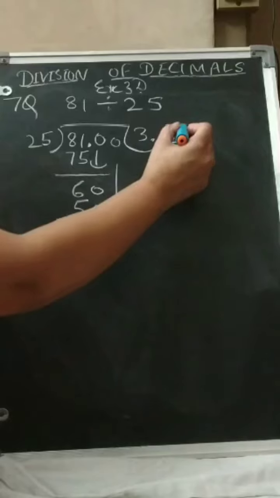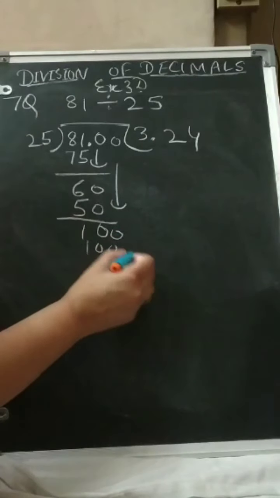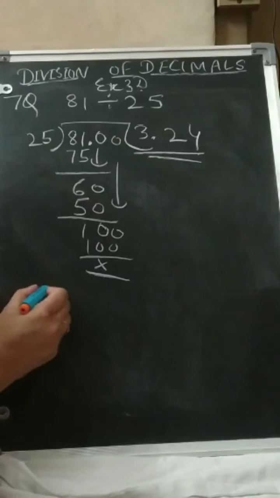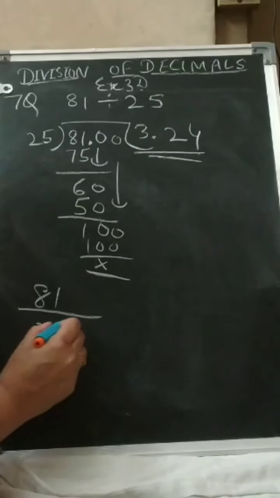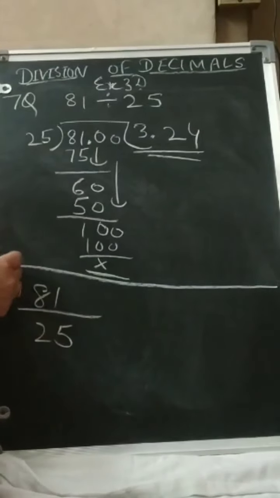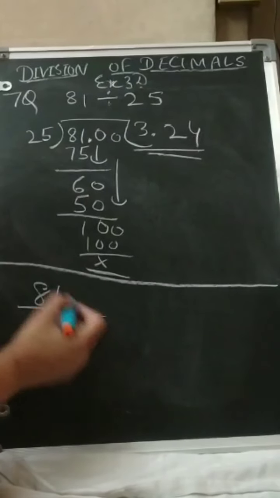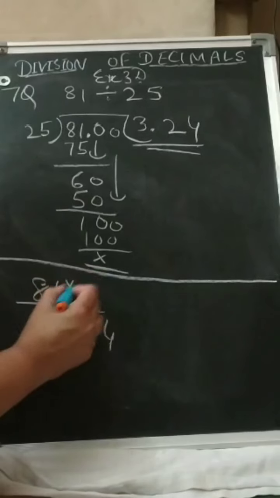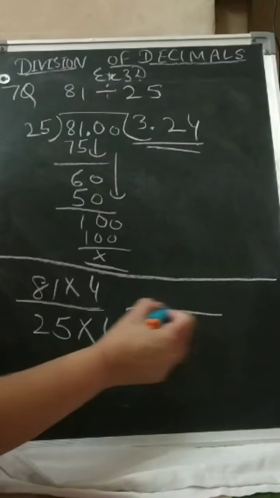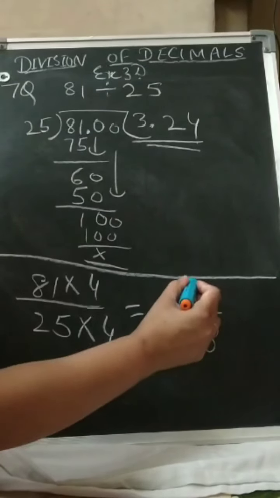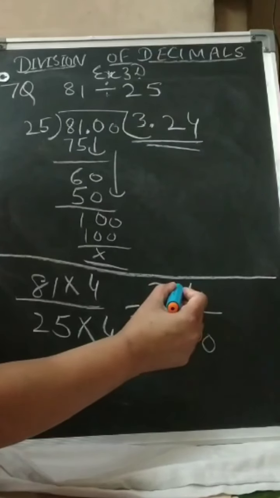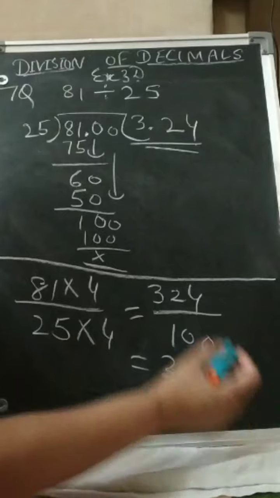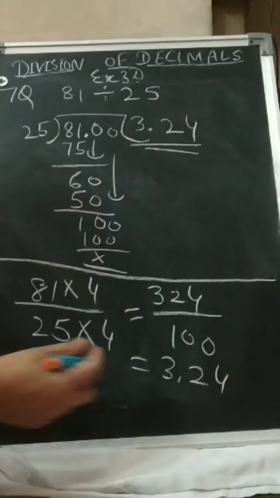So this is your answer. Same question, if you want to do it by another method, you can do it with this also. Already you learned when we can make the denominator 100. 25 can go with 4, and 81 can go with 4 also. Then 324 over 100 will come, and now it is easy to put the decimal: 3.24. You can see we are getting the same answer. So you can go with any method and get the answer.